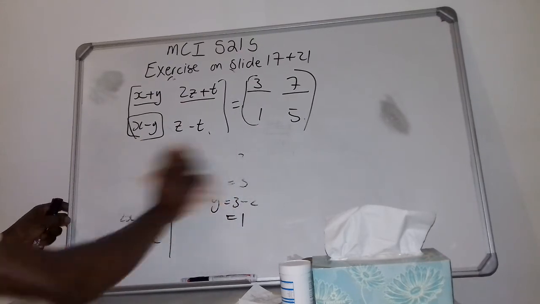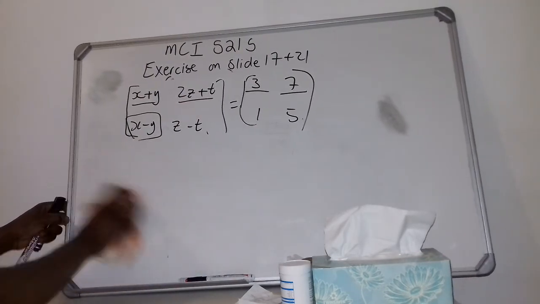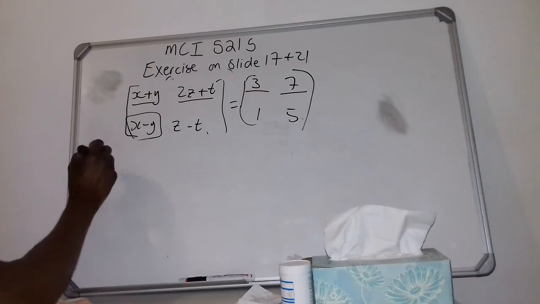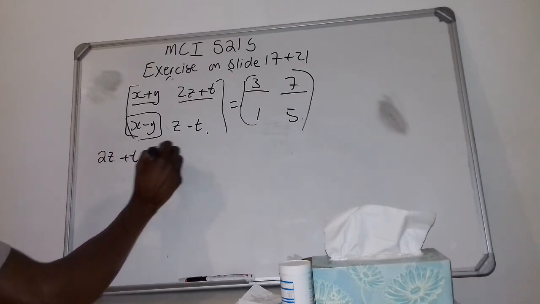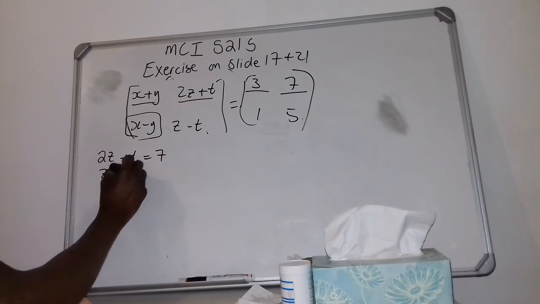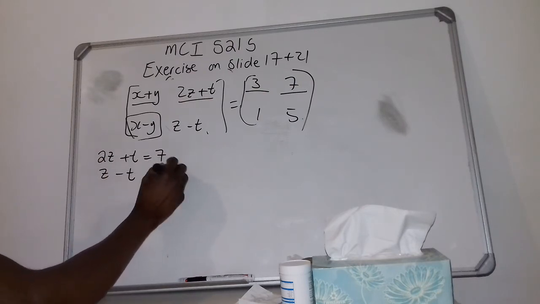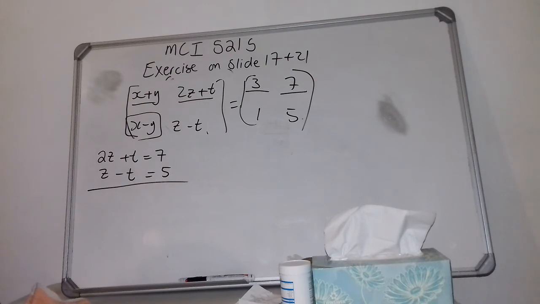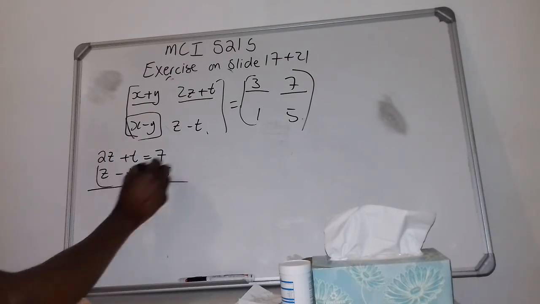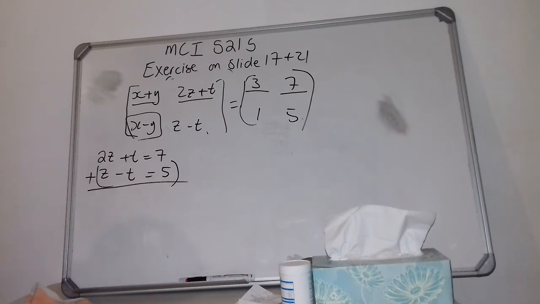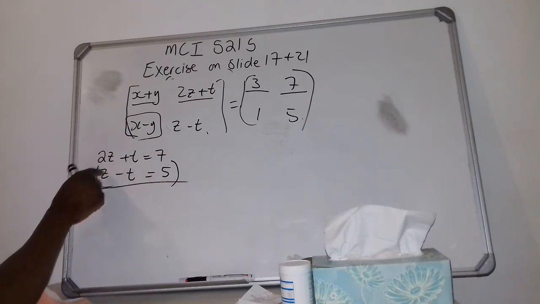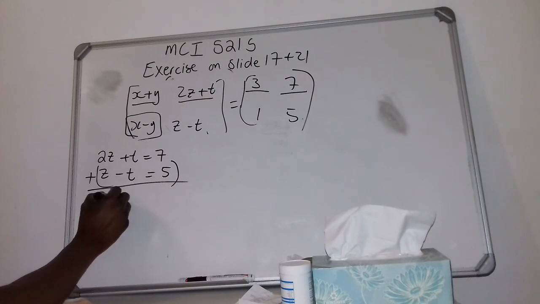Now let's do the z and t equations. I have 2z plus t should give me 7, and z take away t should give me positive 5. I'm going to eliminate the t, so I'll add because the signs are already different. 2z plus 1z, I'm going to get 3z.